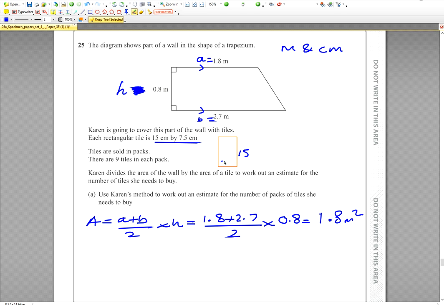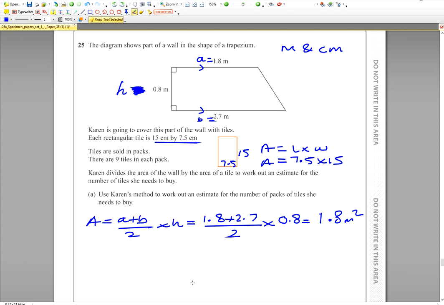I've just drawn my tile in a different orientation. So the area of this tile is equal to length times width, which is 7.5 times 15. So the area is equal to what? 112.5 centimeters squared.